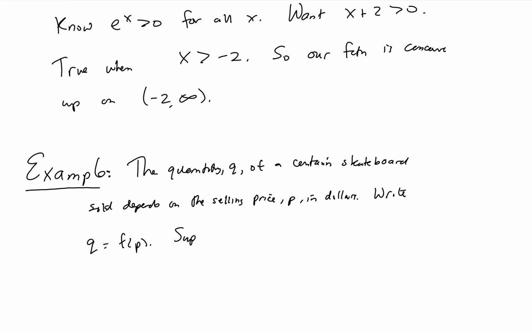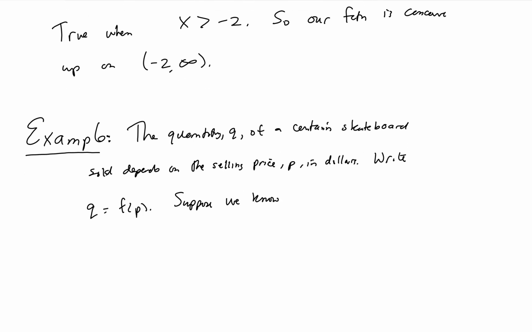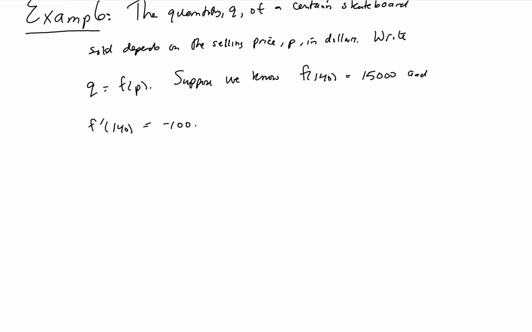So let's suppose we know that F of 140 is 15,000 and F prime of 140 is minus 100. So let's answer a couple of questions about this.